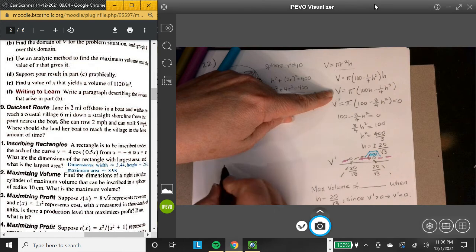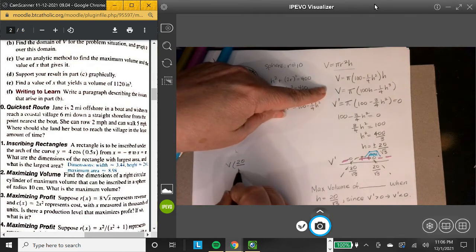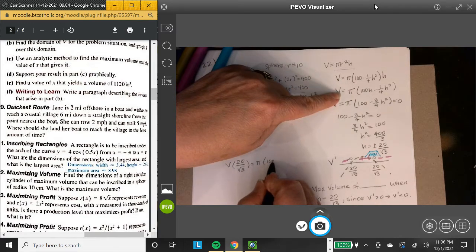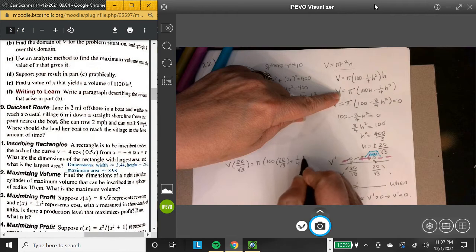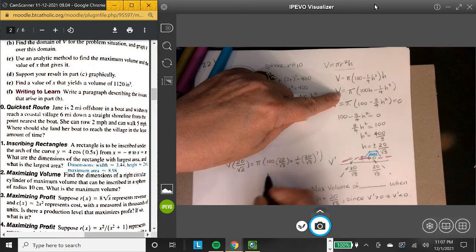Okay, so volume of 20 over root 3 is going to equal pi times 100 times 20 over root 3 plus 1/4 times 20 over root 3 cubed. So let's see what that is.